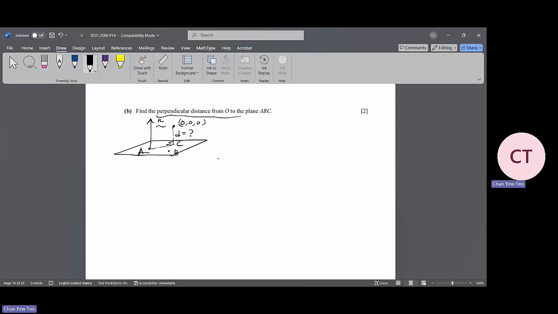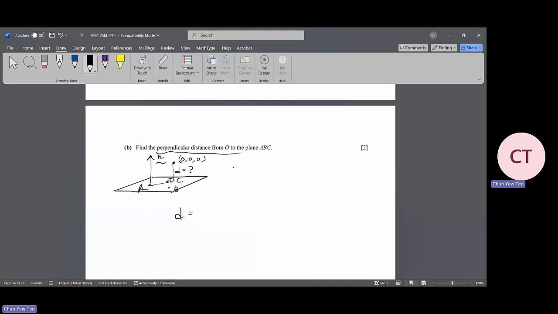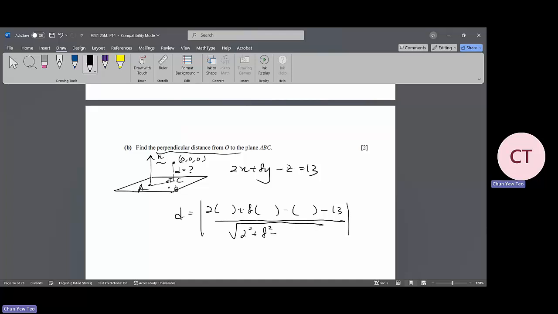between the plane. So we just use the formula D is equal to, let me write down the equation of plane first. The equation of plane is 2x plus 8y minus z is equal to 13. So the formula will be the modulus of 2x plus 8y minus z minus 13, divided by the square root of 2 squared plus 8 squared plus negative 1 squared.